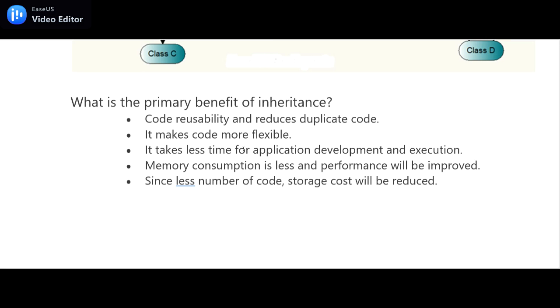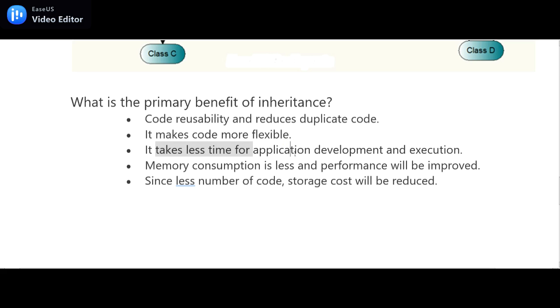What are the primary benefits of inheritance? You are almost clear on this, but I will read them out one by one. It gives code readability and code reusability, duplication is avoided, it's more flexible, and it takes less time to develop or execute. Why does it take less time? Because we write one method and derive or extend the property from the parent class.